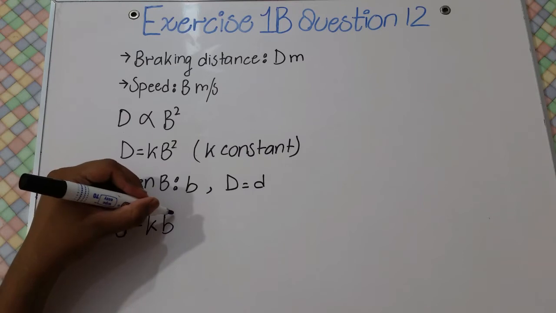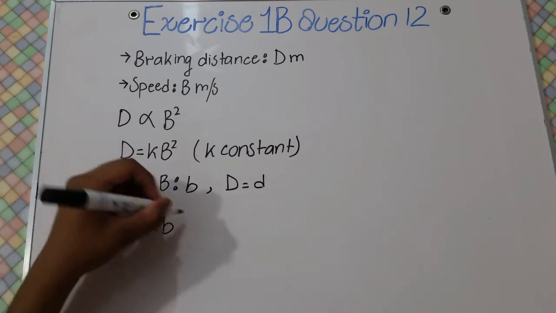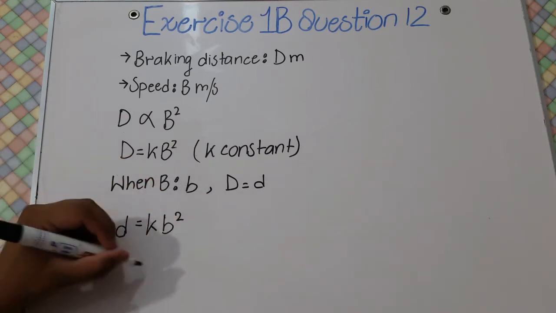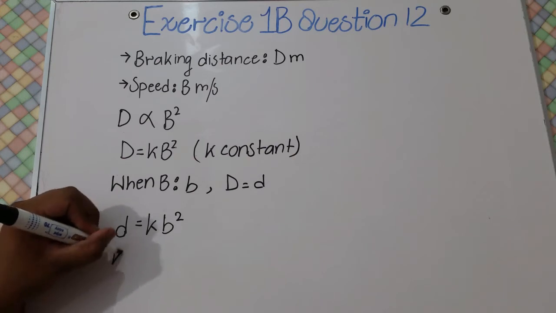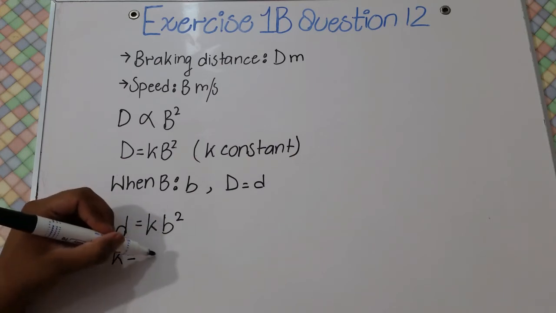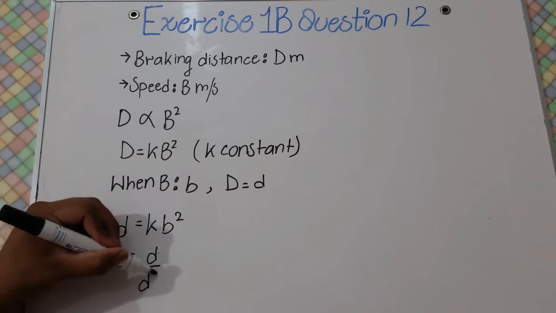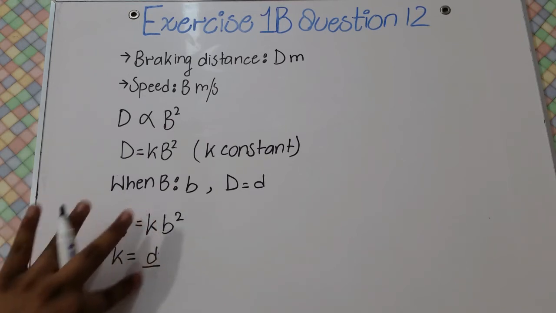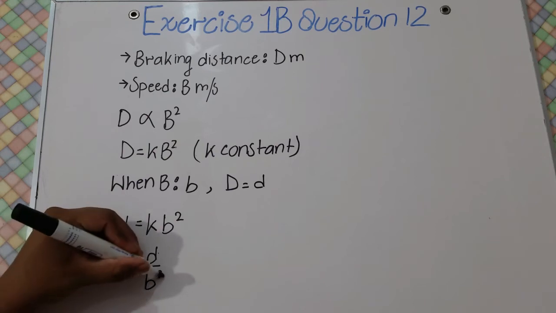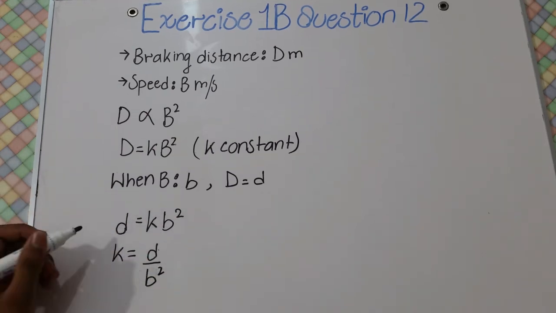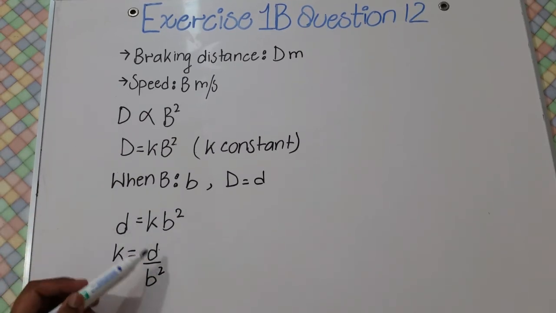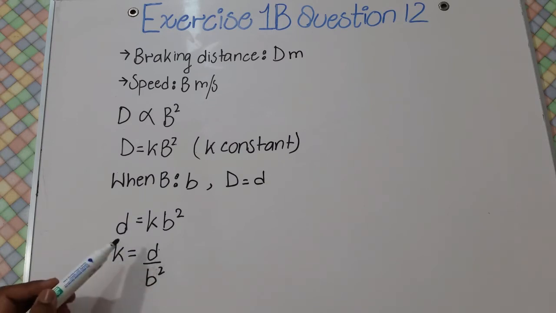Now it is squared, and now I'm going to make K the subject. After writing this, we have found the value of K, because we don't have any numbers given to divide, so this would be the final value.